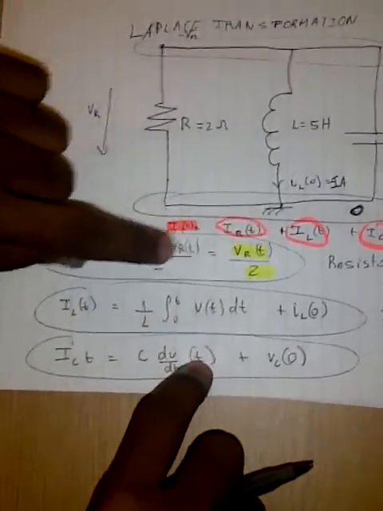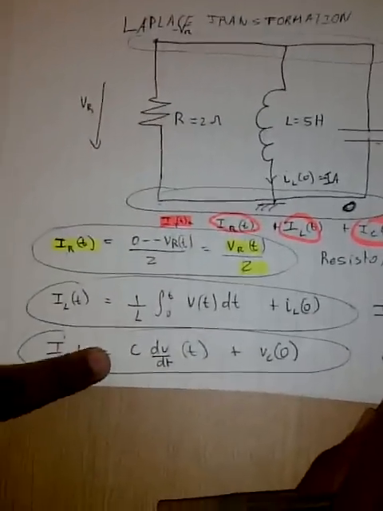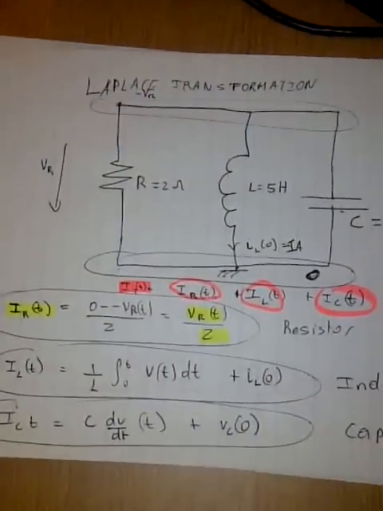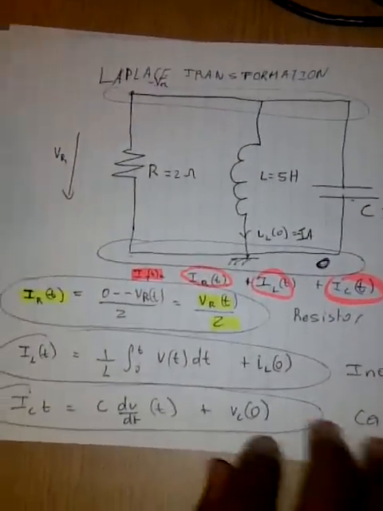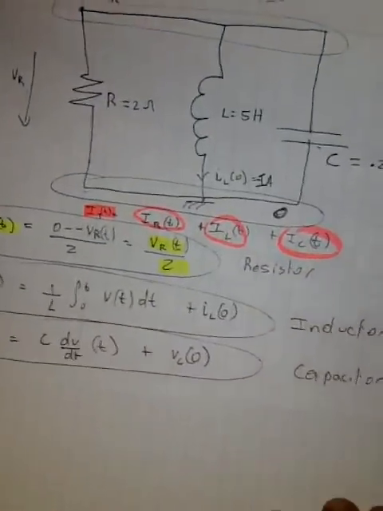What we need to do is substitute the resistor equation, the inductor equation, and the capacitor equation into IT. And when we substitute that into IT, we're gonna try to find VRS.